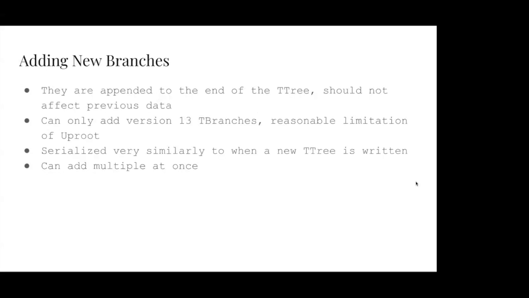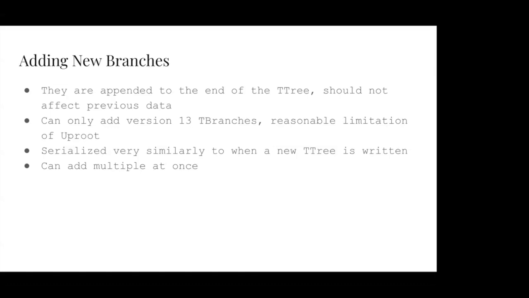And adding new branches. These are appended to the end of the t-tree and shouldn't affect the data that was already written and copied. It can only add version 13 t-branches, which means that the only kind of t-branches that can be copied are version 13, and that the version of t-tree has to be version 20, which are all the newest versions by like 7 years.